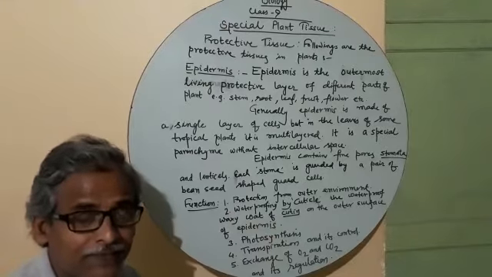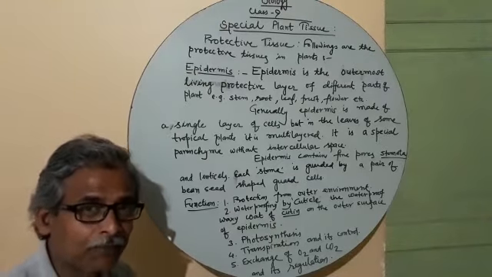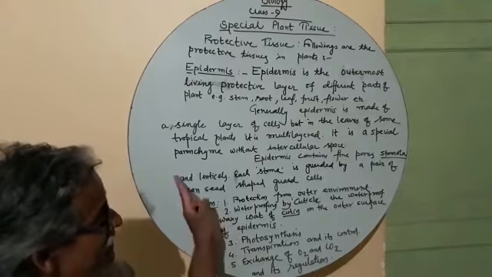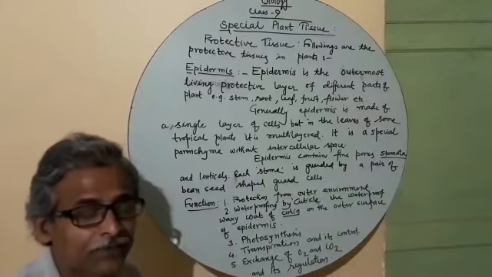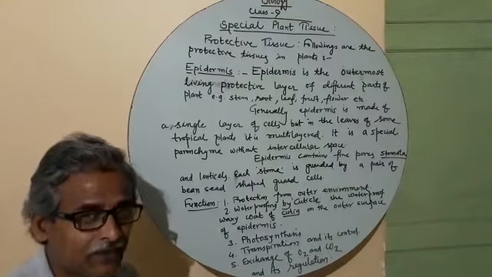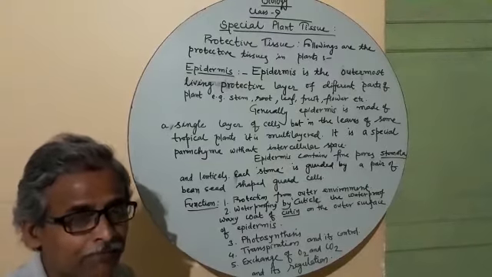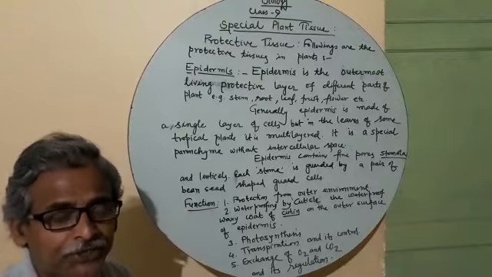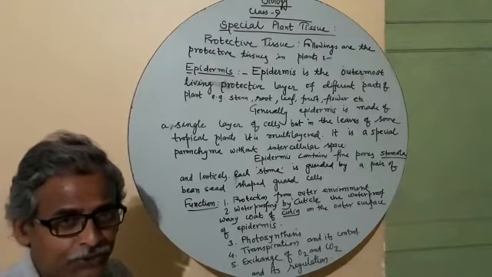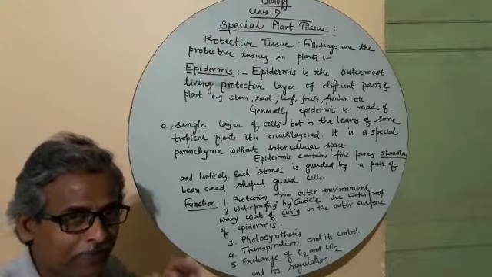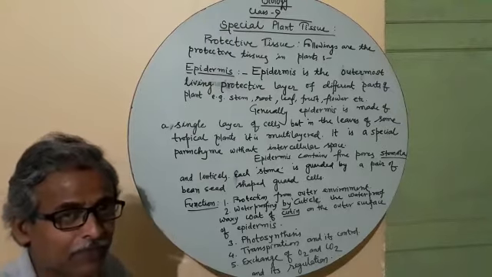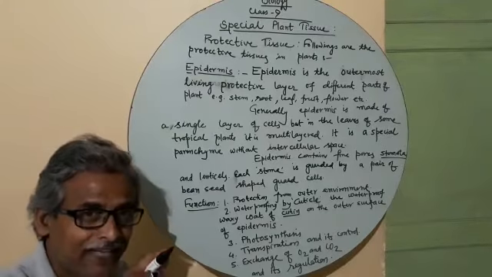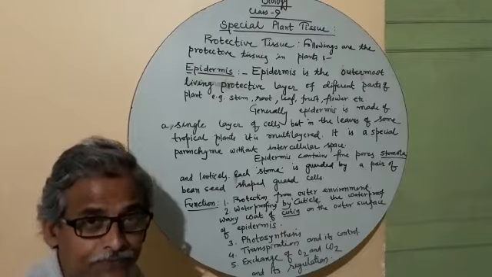The only difference is that in case of parenchyma there are intercellular spaces, but here there is no intercellular space because these intercellular spaces are filled up by a special organic compound, cutin, and this cutin not only fills up these gaps, but a thin layer of cutin makes the epidermis waterproof.